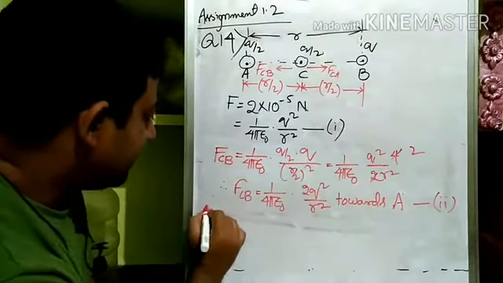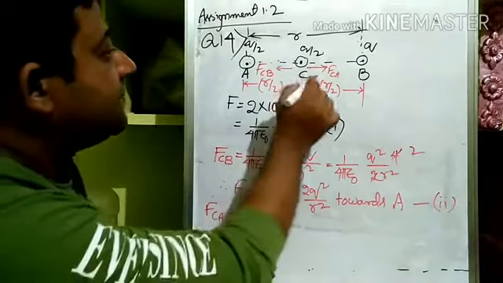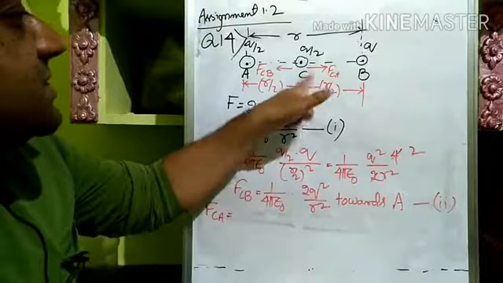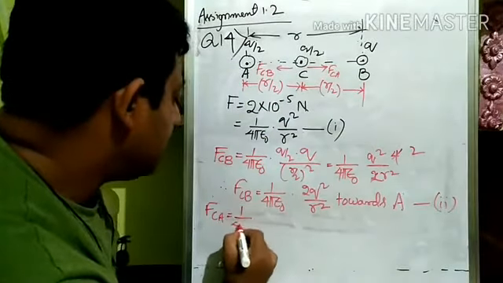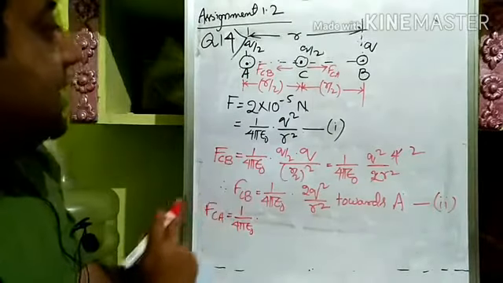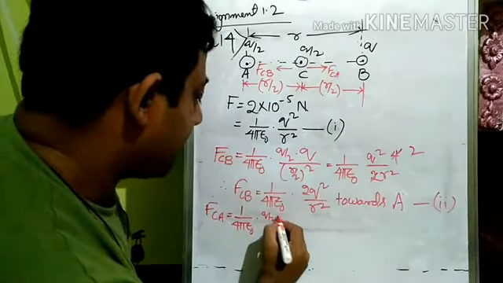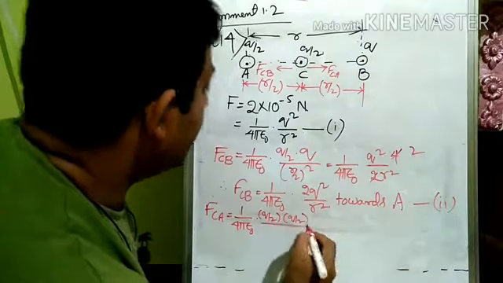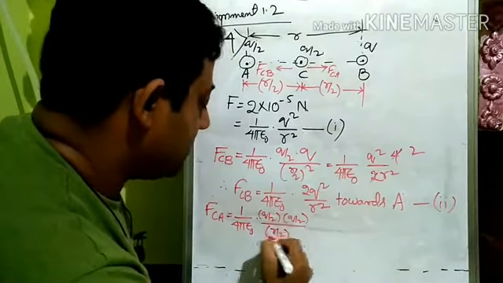Similarly, now we'll calculate FCA, the force between C and A, experienced by C due to A. It is 1 by 4 pi epsilon naught Q1 Q2, Q by 2 multiplied by Q by 2, divided by the square of the distance between them, R by 2 square.